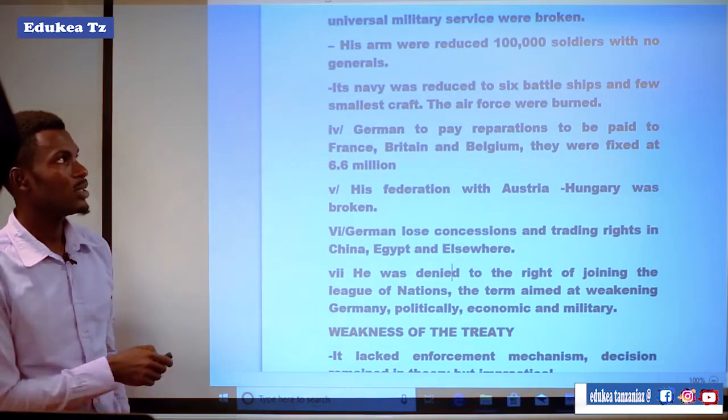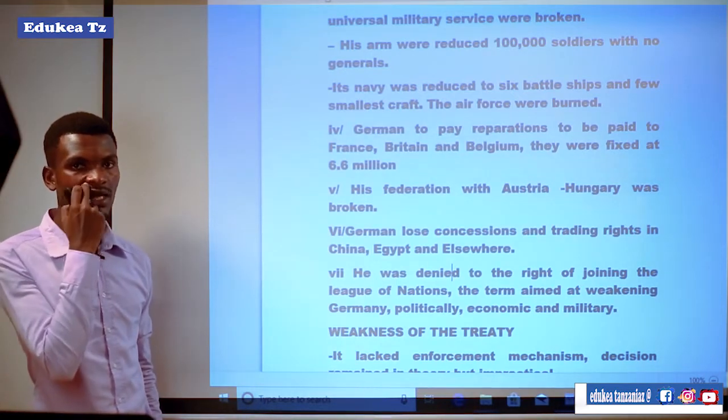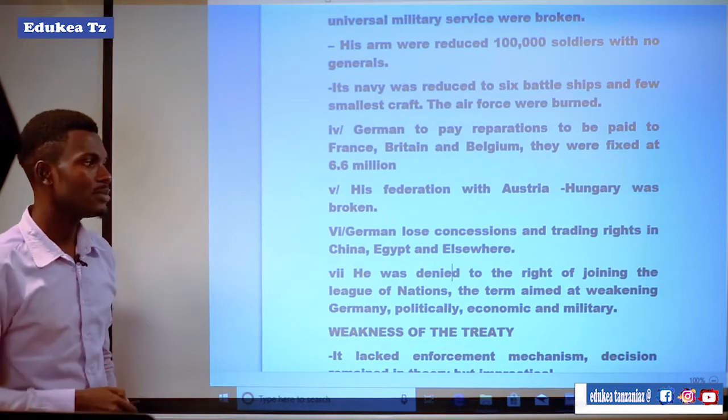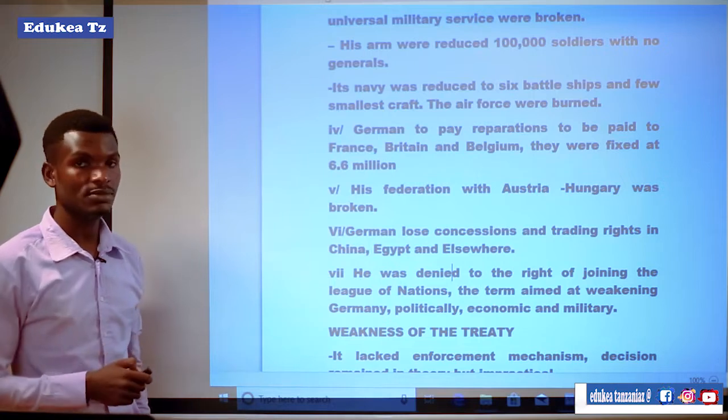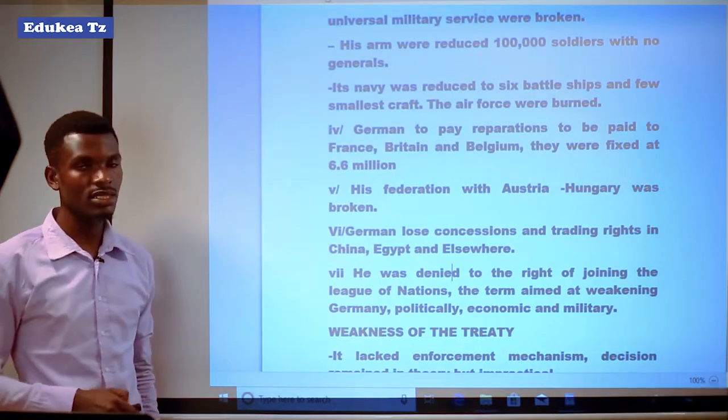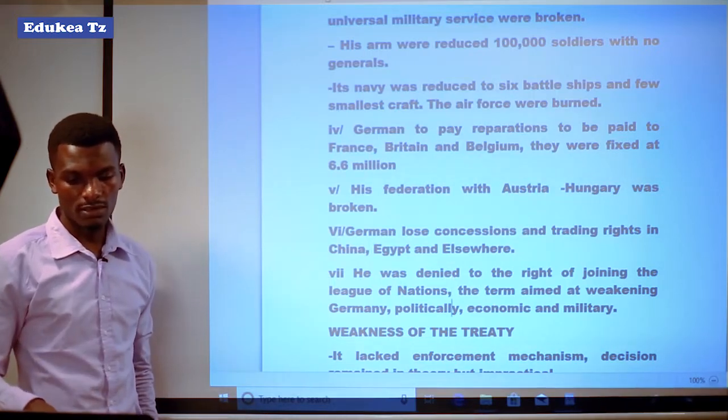It means that all these terms directed at Germany were aimed to weaken Germany in all aspects of life, specifically politically, economically and militarily.